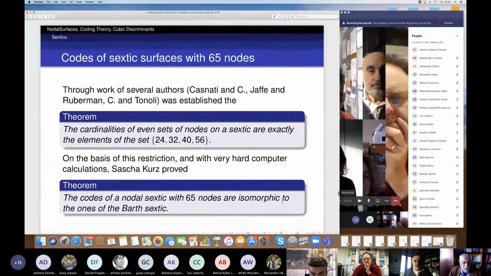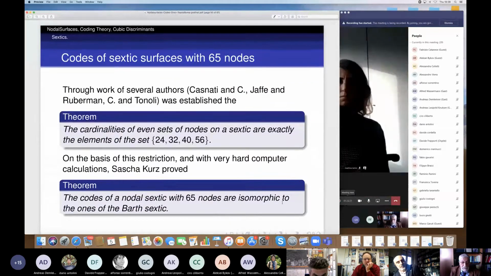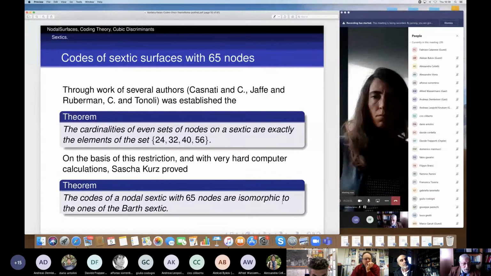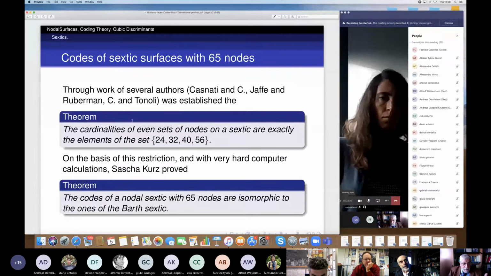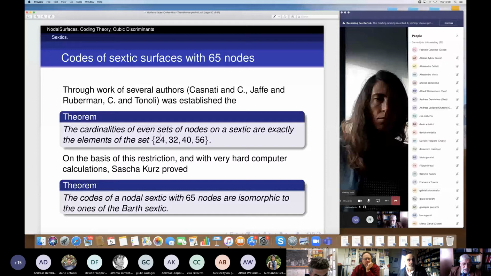Now, if you look at sextic surfaces with 65 nodes, there was work of several people, and finally with Tonoli, we proved that the cardinalities of even sets of nodes on a sextic are exactly the elements of the set 24, 32, 40, 56.